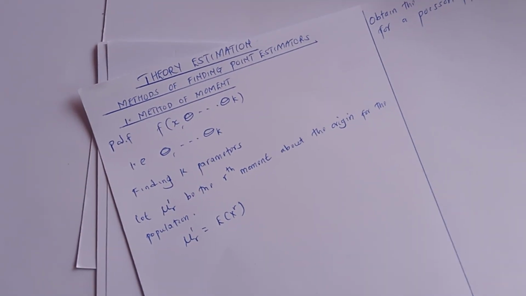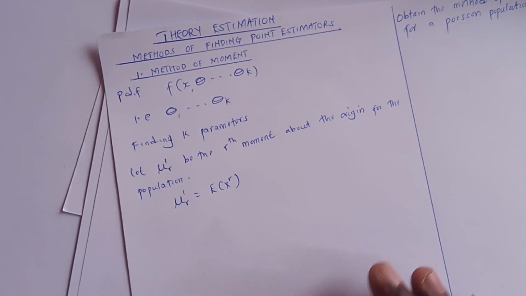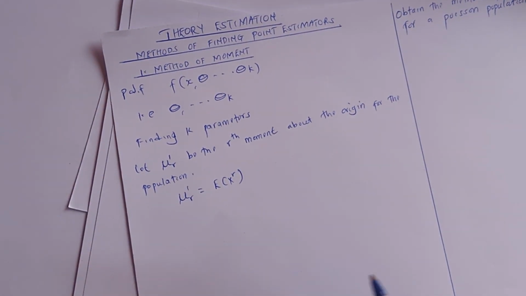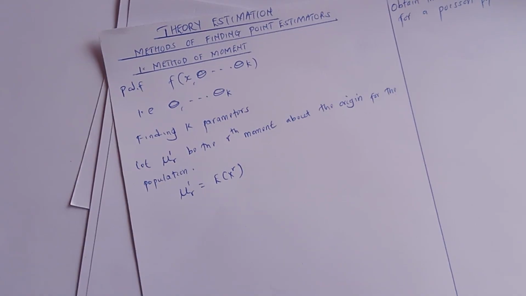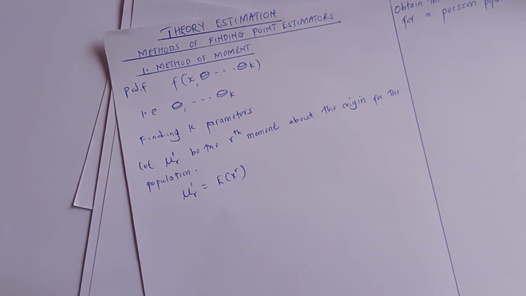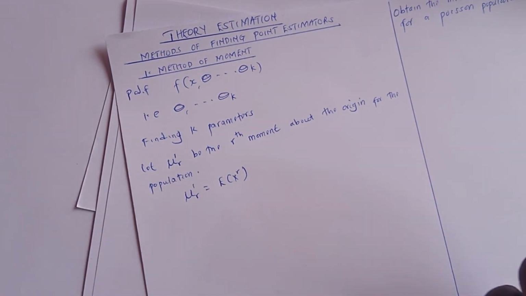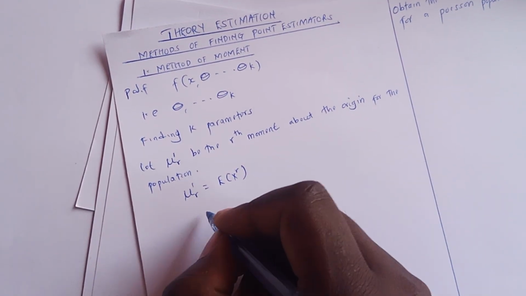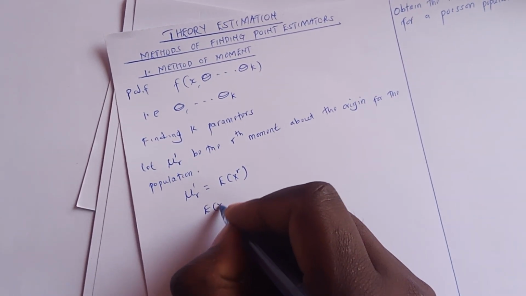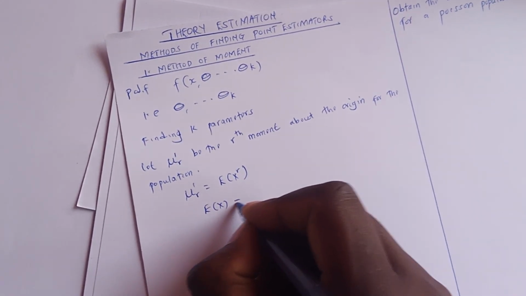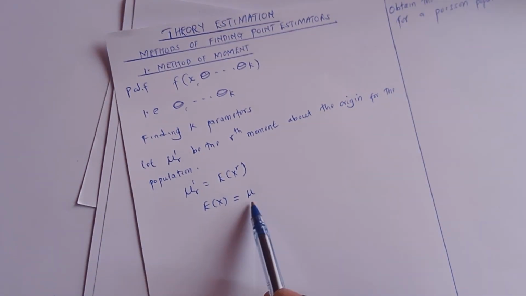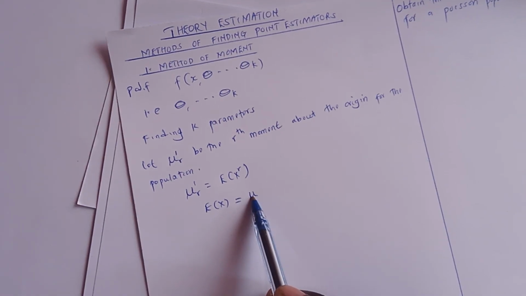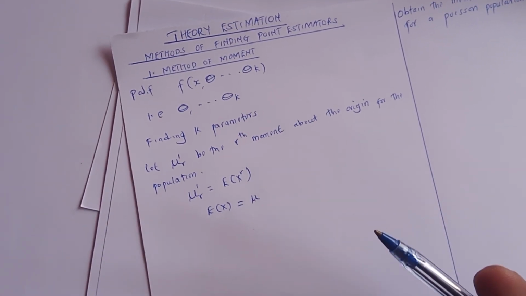Let me now briefly describe how we are getting this. Initially, when we looked at the binomial distribution and the normal distribution, we said the expected value of x is equal to mu, which means the expected value of x is the same as the mean.